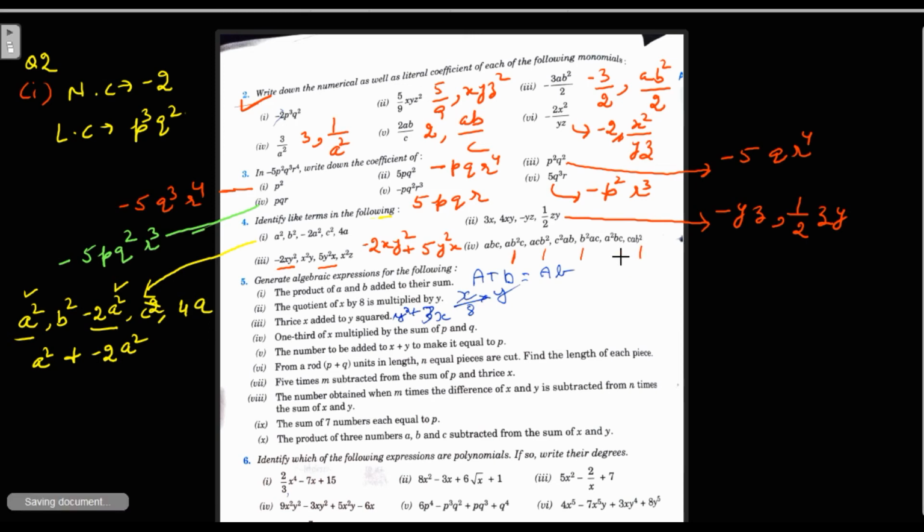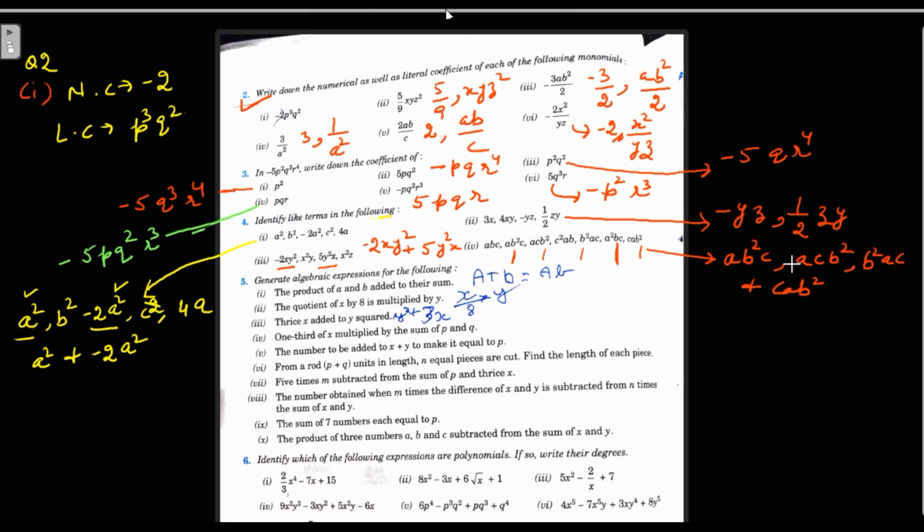So the like terms which have B square are AB square C, AC B square, B square AC, and CAB square. These are like terms. Right, students? So this was your question number 4th.